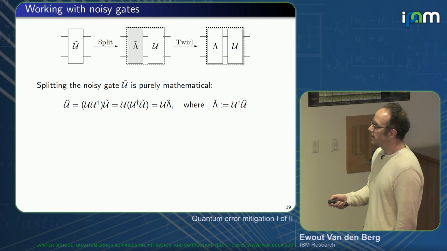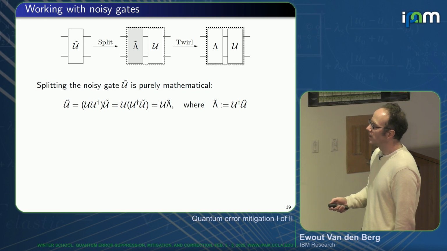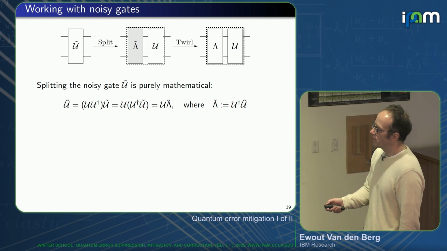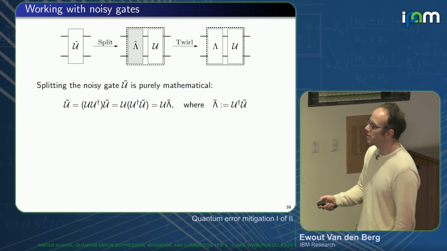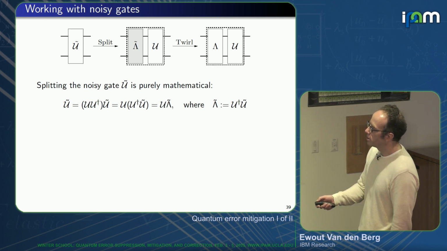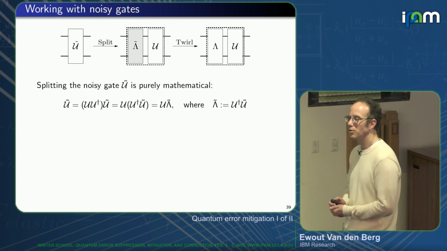Splitting the noise is actually purely mathematical. Here we have this U tilde, and we can write it as U U dagger, which is the ideal gate, times U tilde. We can then group the terms by U and this term: this is our ideal gate, and this is just the noise channel, the noise map.